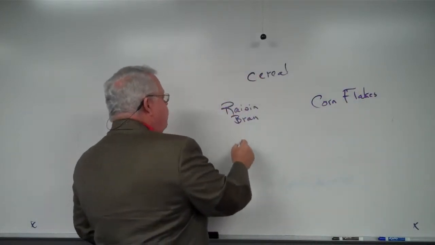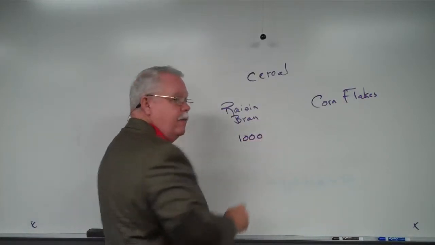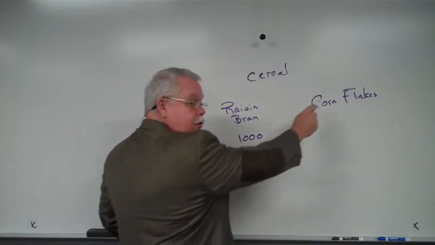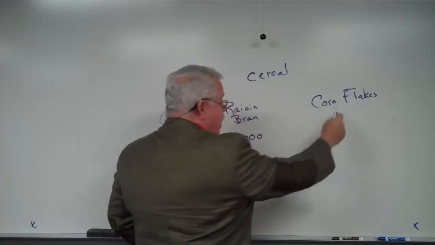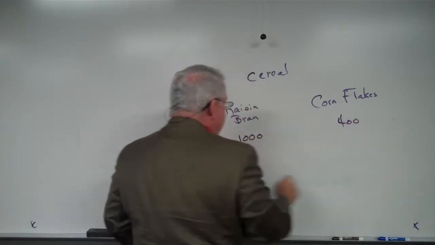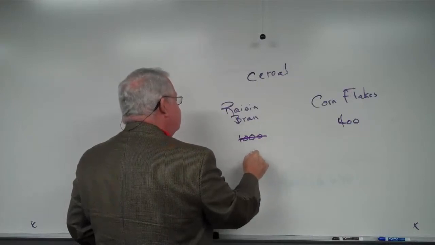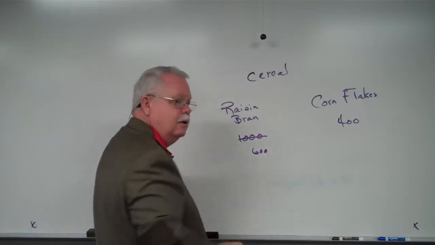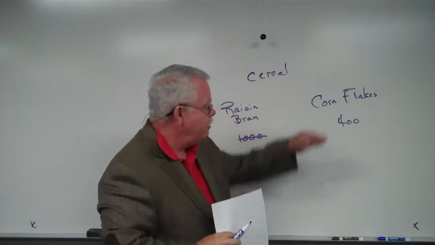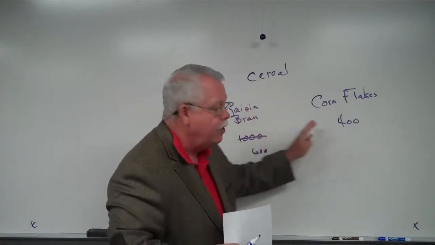If normally I'm selling 1,000 boxes a day of my cereal, but when I introduce this I sell 400 of the new one, sales here decrease to say 600. That's cannibalization. These sales took away from those sales.